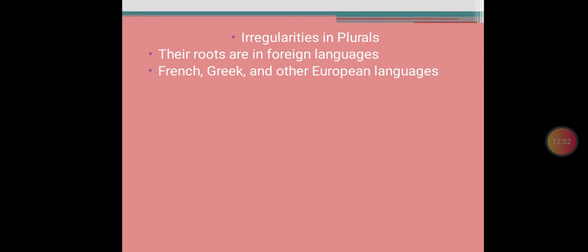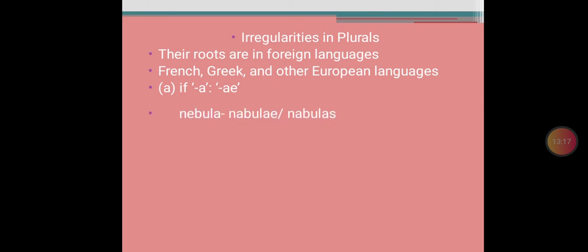Mostly these words came from French, Greek, and other European languages, and ultimately they came into English. Such words are like this. Suppose at the end of a noun there is a, then we have to place ae for plural.